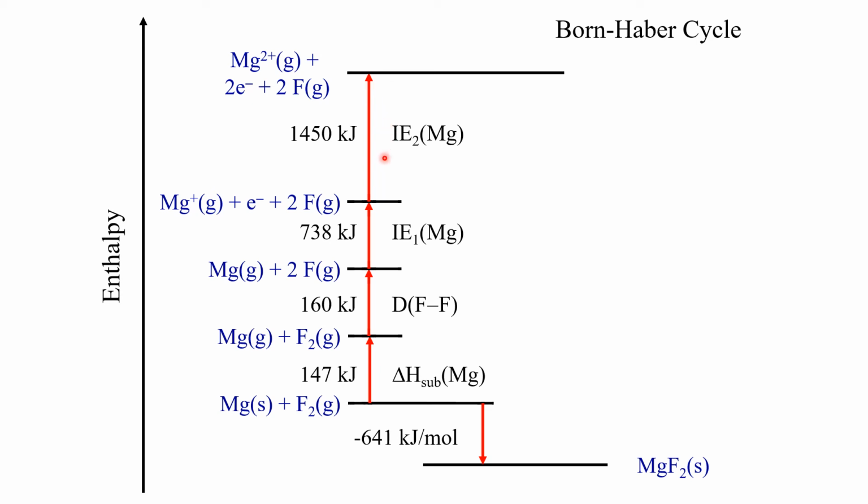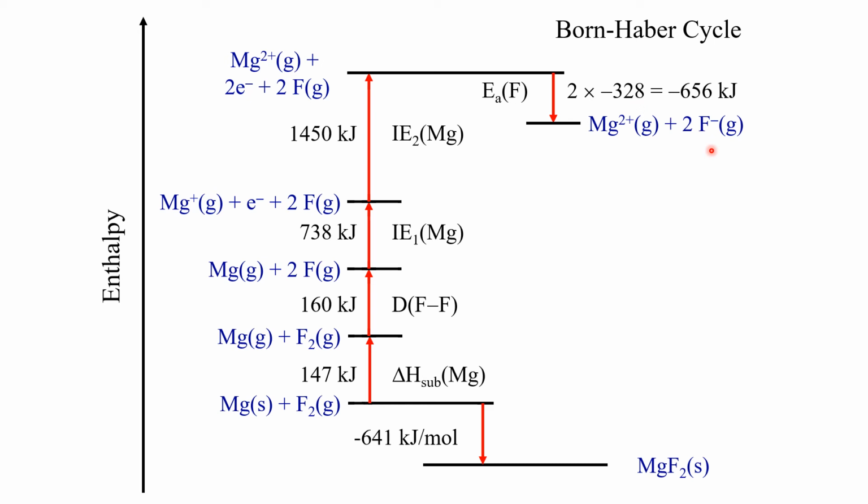Now, the last thing we need to do is to transform the neutral fluorine atoms to fluoride ions, again in the gas phase. That corresponds to the electron affinity of fluorine, and you look that up. And that step is exothermic. And so here's the other complication. You have to think about stoichiometry. The electron affinity for fluorine is 328 kilojoules per mole.